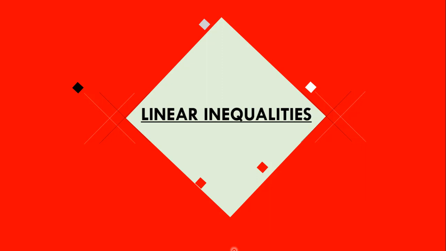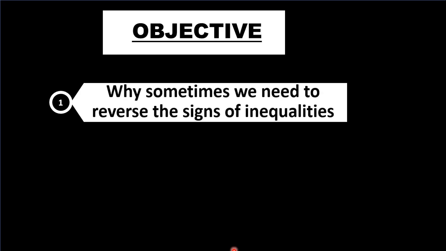Students, when you are solving linear inequalities, there are certain rules that you need to master. You need to familiarize yourself with these rules so as to avoid any chances of losing marks in your exam. So the objective for today's lesson is: why sometimes we need to reverse the signs of inequalities.